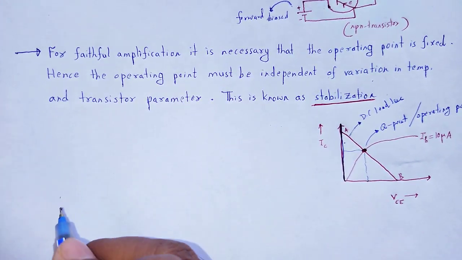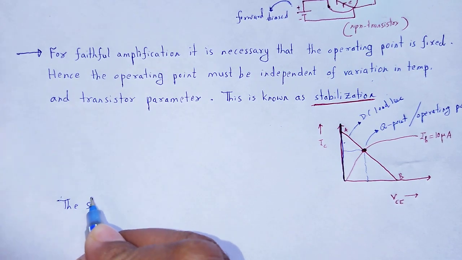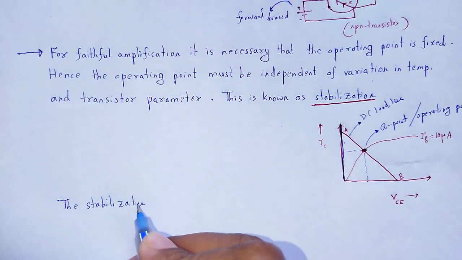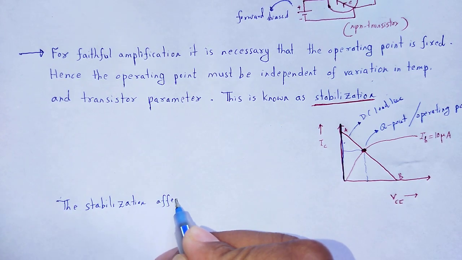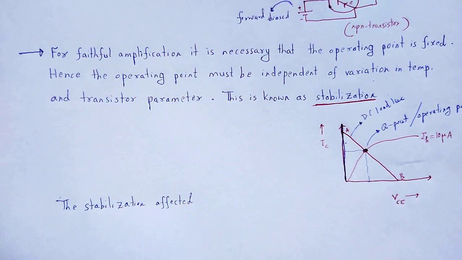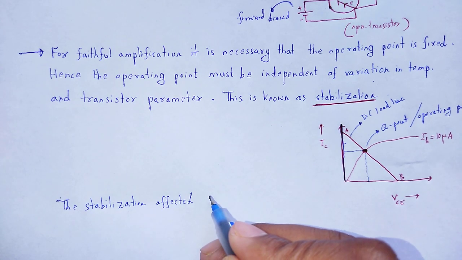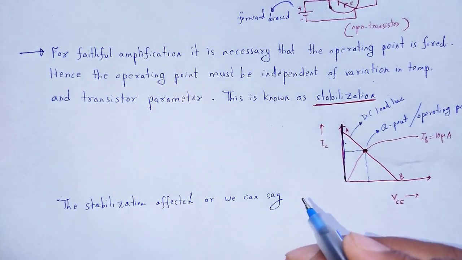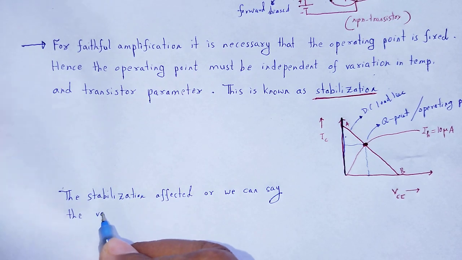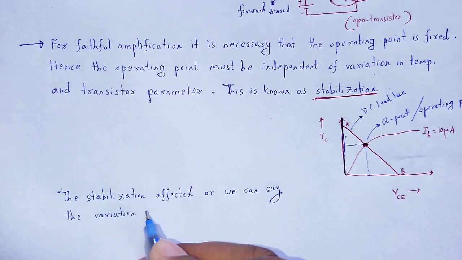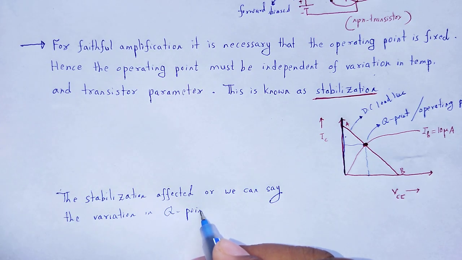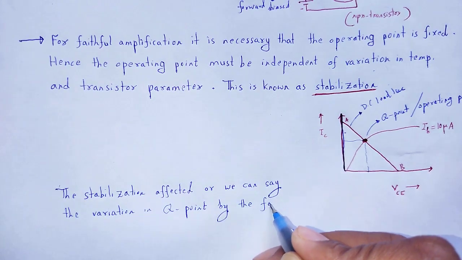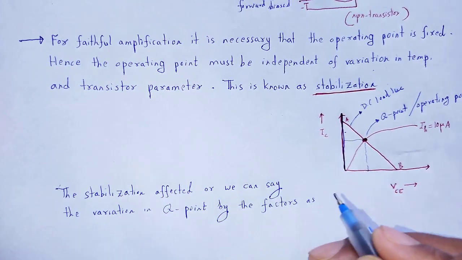The stabilization is affected, or we can say the variation in Q point is caused by these factors.